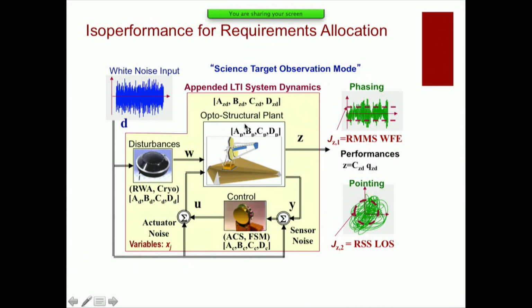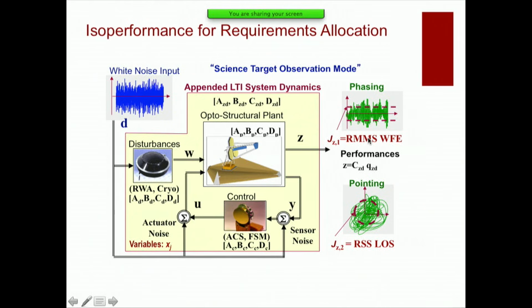So here's essentially a model of the spacecraft. This is a precursor to the James Webb. And the big thing you need to do is you need to point and be very, very stable for a long time to take in these very, very faint images. So we have wavefront error phasing requirements, and then we have these pointing requirements. You've got to point very stably.